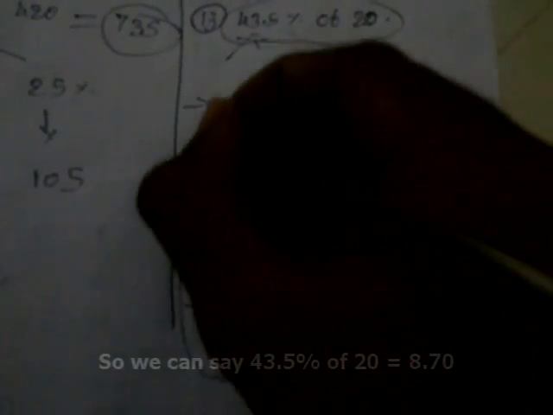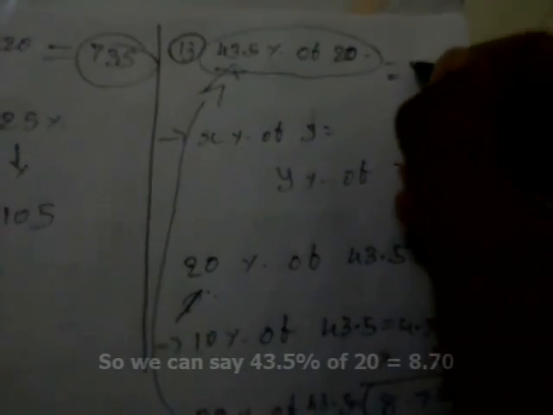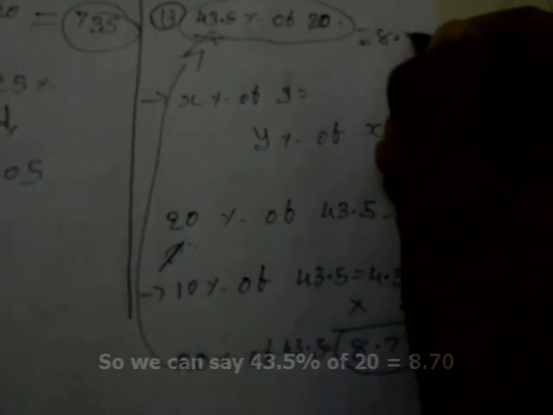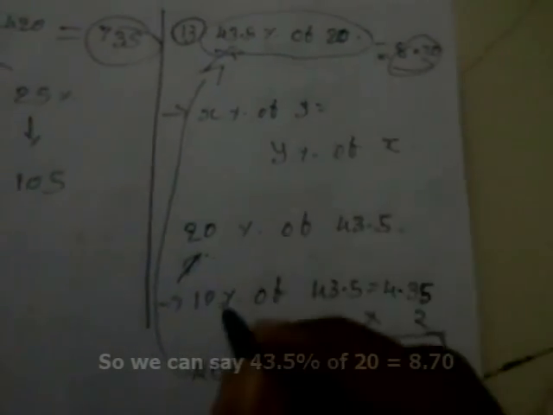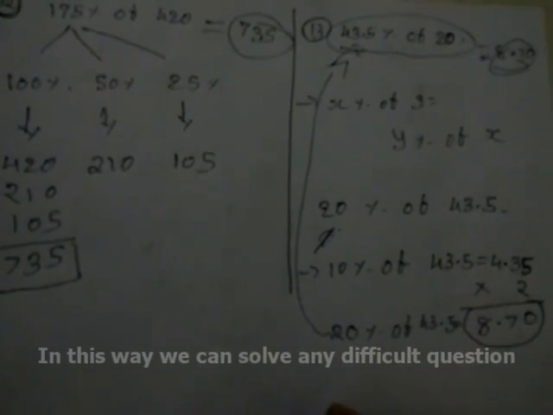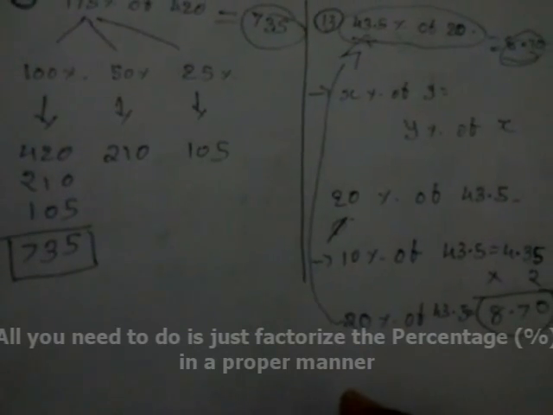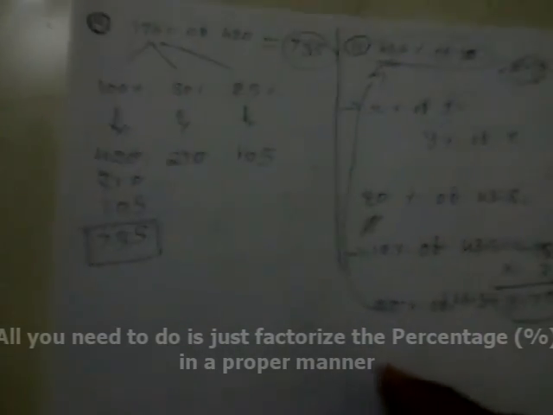So we can easily say 43.5% of 20 is the same 8.70. We can solve any difficult question. All you need to do is just factorize the percentage in a proper manner.